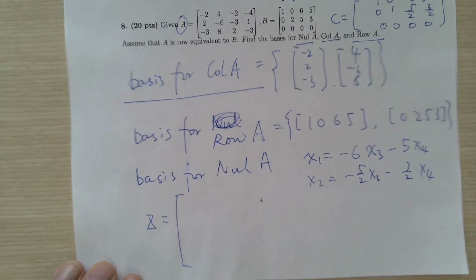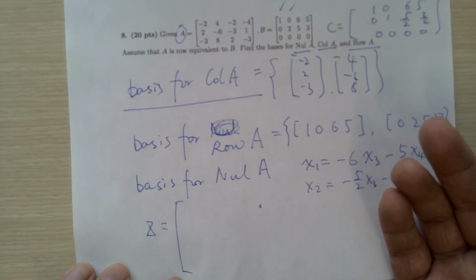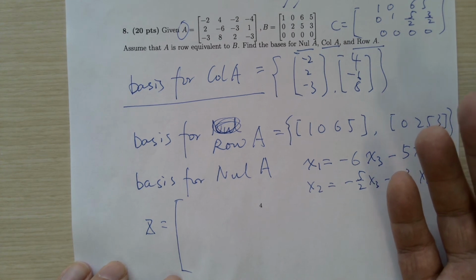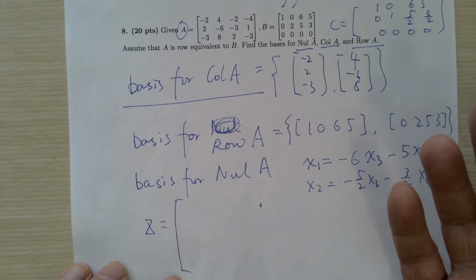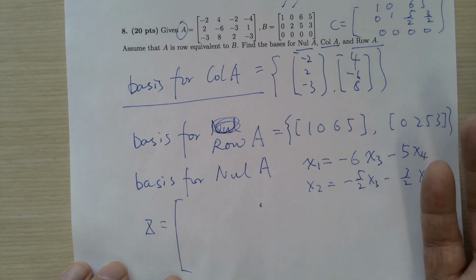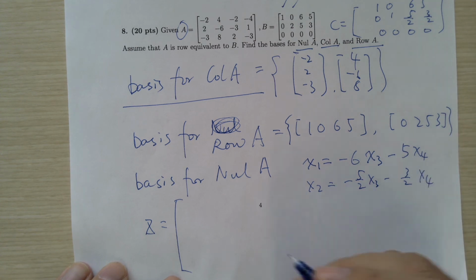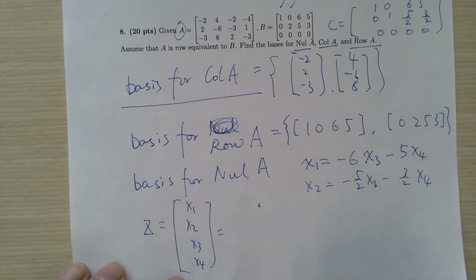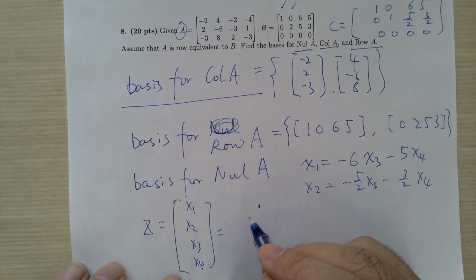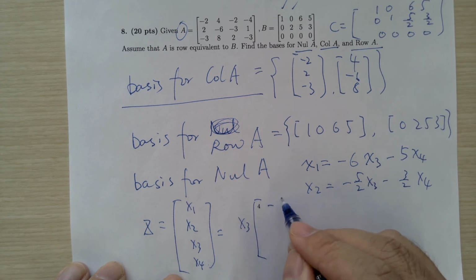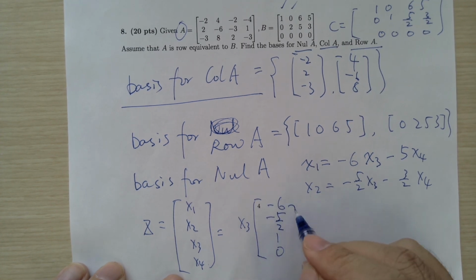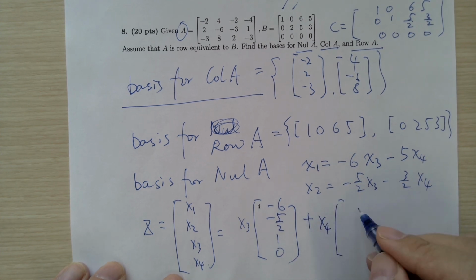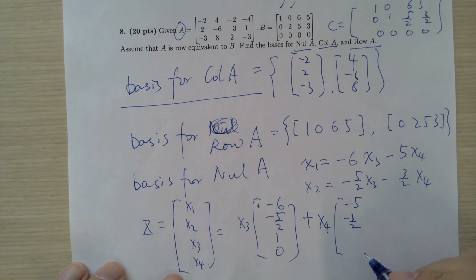Because the null space is exactly the set of solutions of the homogeneous equation, if we write it down, x1, x2, x3, x4 is equal to x3 times -6, -5 over 2, 1, 0, plus x4 times -5, -3 over 2, 0, 1.